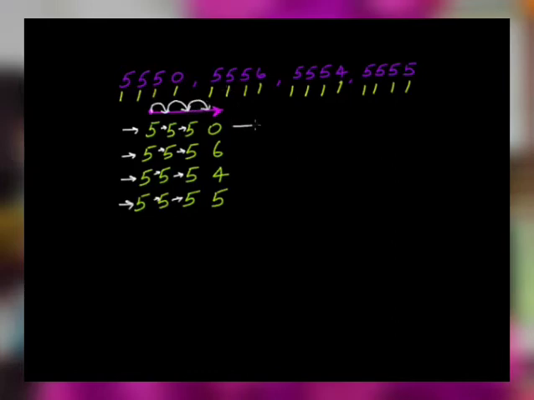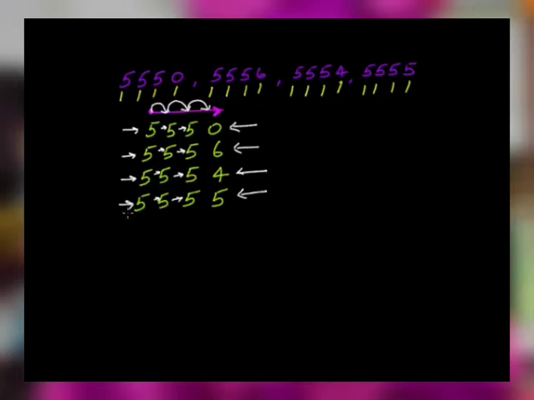Here we have 0, okay, we have 6, okay, we have 4, and we have 5. So all the digits at the ones place are different, right? So from here we can get which one is the smallest and which one is the largest number. The smallest digit will give the smallest number and the largest digit at the ones place will give the largest number in this case, right?